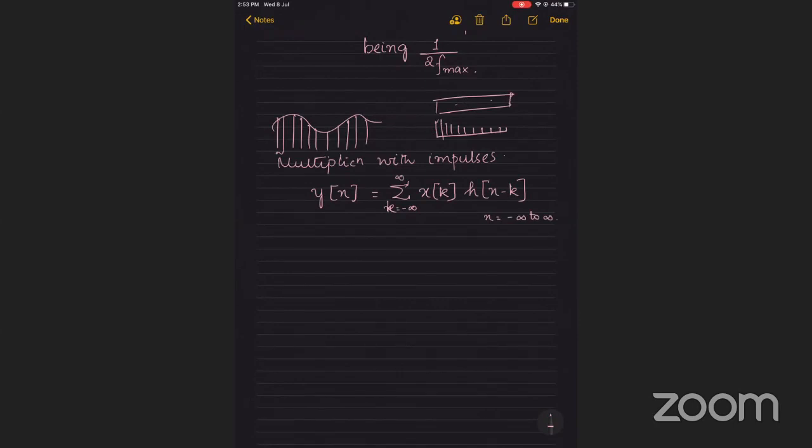Okay. Now there is a problem. What is the problem? I have to do infinite term summation. This is a pain. This is typically called a sum of products. This convolution sum is a pain. I don't want to do this.